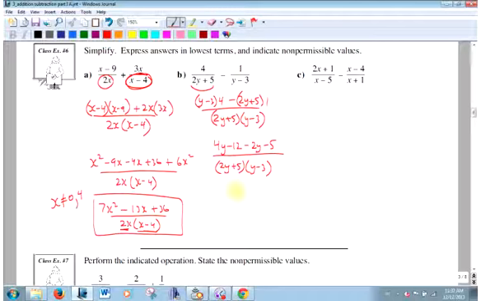Can I simplify the top? 4y take away 2y is 2y. Negative 12, negative 5 is minus 17 over 2y plus 5 times y minus 3. What else can I do?